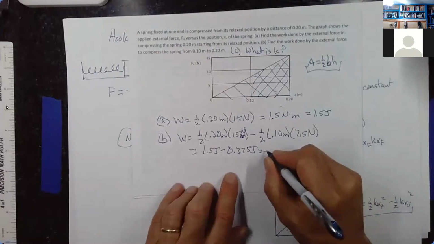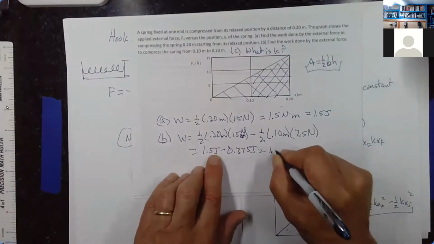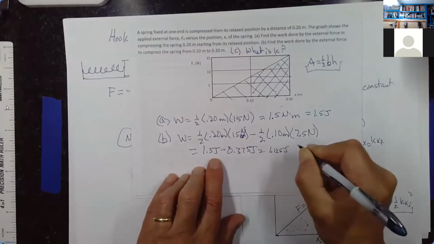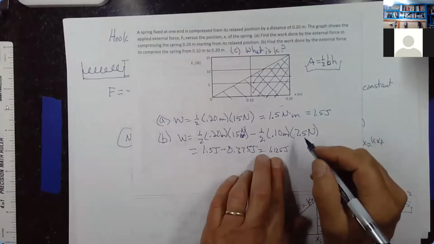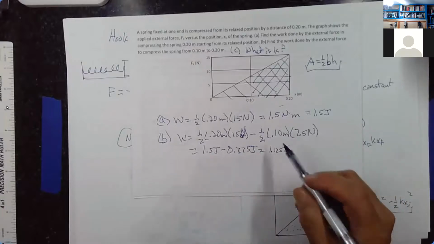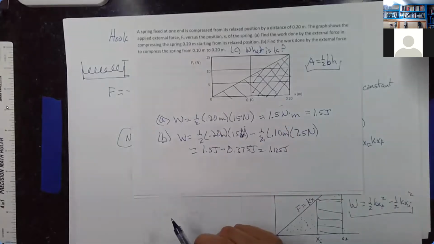I can't keep that many significant figures, but if you could, it would be 1.125 joules. Really, you'd have to round that down to 1.1 joules, but this is a nice straight line here, so we can read these things more precisely than what they're showing.